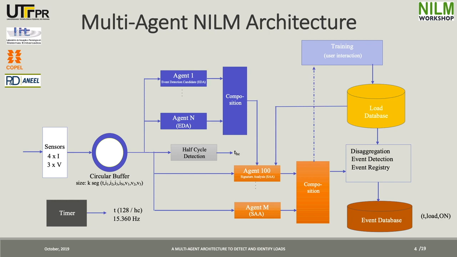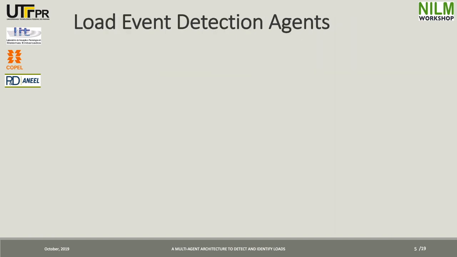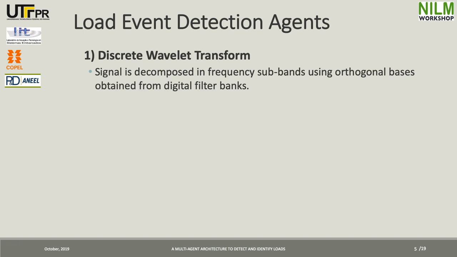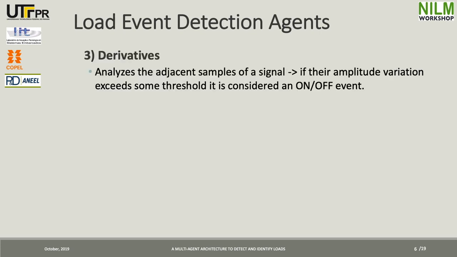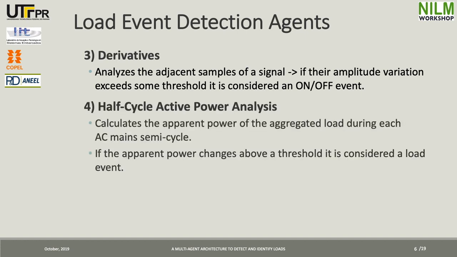We did several experiments with this architecture. First we started analyzing each one of the agents by itself to later on combine them and see if our results improved. For the load event detection agents, we used a discrete wavelet transform agent, a Kalman filter, derivatives, which are just measuring the change from one cycle to the other, and a half-cycle active power analysis.